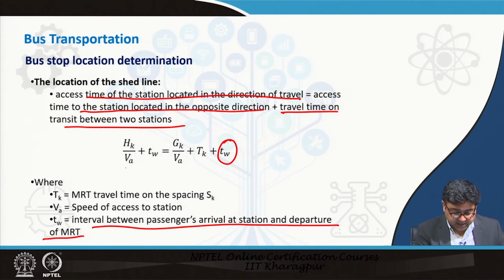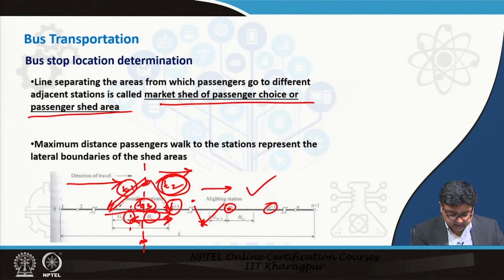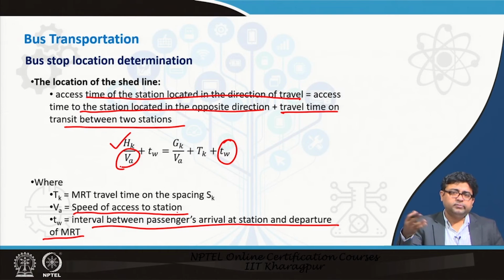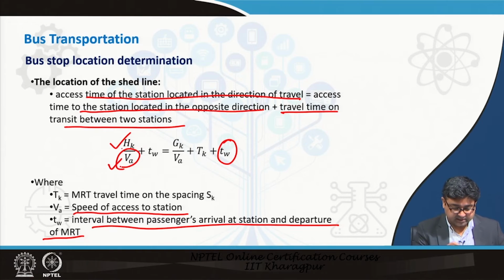So, hk divided by Va, where Va is the access speed to the station. Say you are walking to the station, so your speed will be something; if you are bicycling to the station, your speed will be something else. That is called access speed.